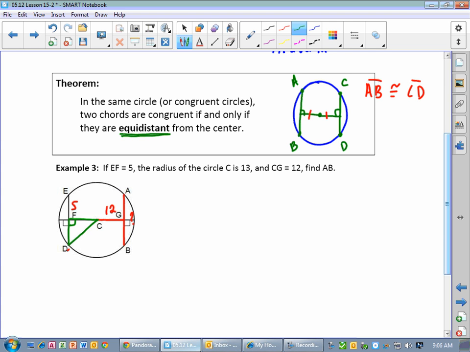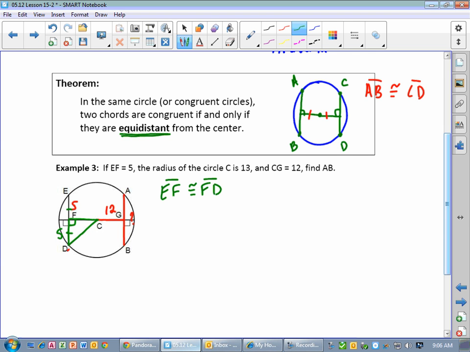So how long is FD? So we can say EF is congruent to FD. How do we know that? How do we know it's being bisected? Okay, so the previous theorem said if we have a radius that's perpendicular to a chord, then it must be bisecting that chord. So that means this must be congruent to this. So that's good. So we know FD is 5.